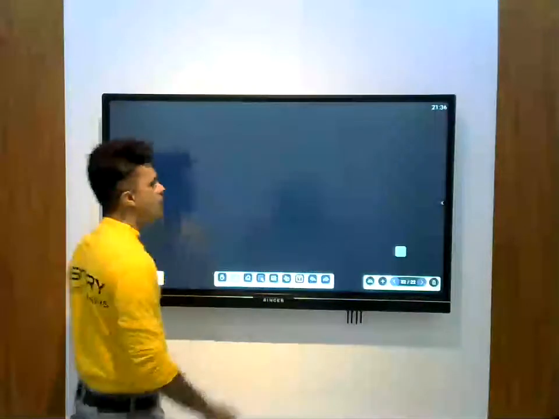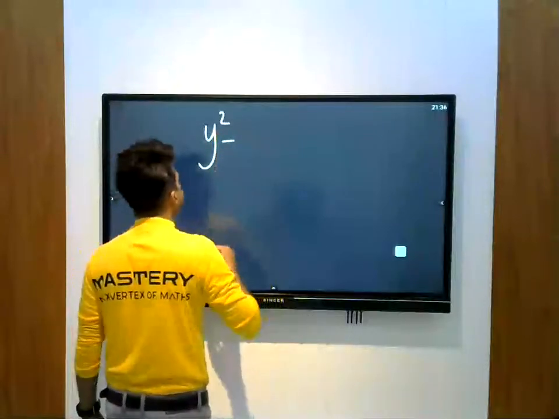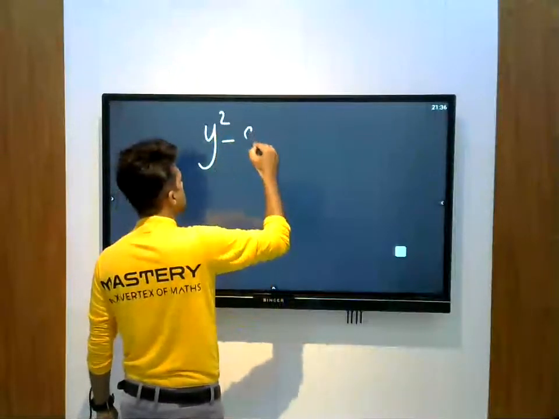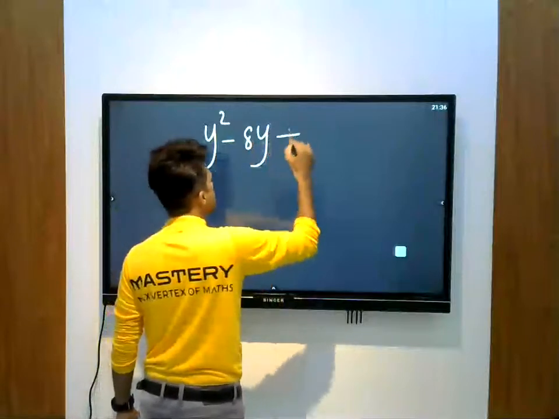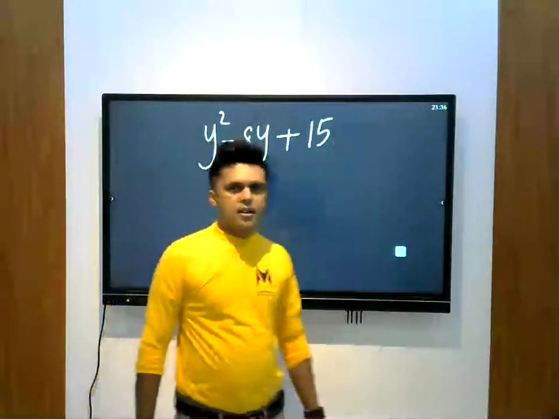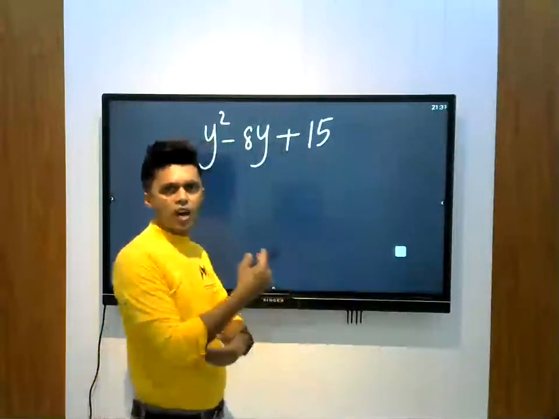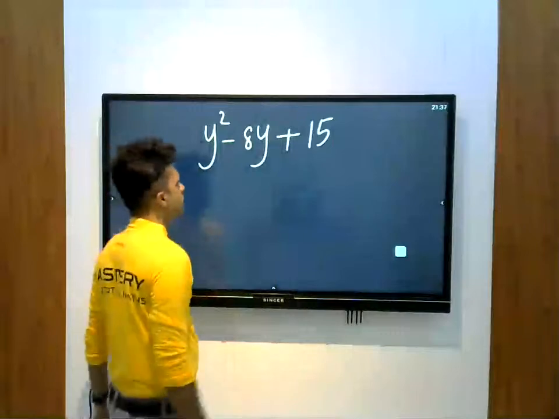Anyway, so we will be doing this one: y squared minus 8y plus 15. How can you do this one?